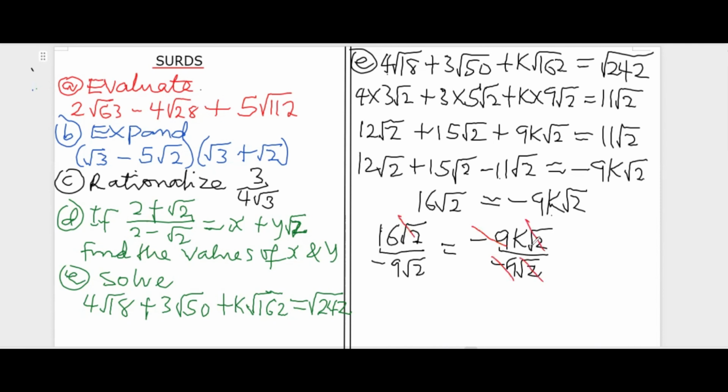So here too, root 2 will cancel root 2. And finally, we have our answer. We have k left, which is k equals negative 16 over 9, because positive divided by negative is negative. Then we have 16 over 9. So this is the value of k in the equation involving surd.